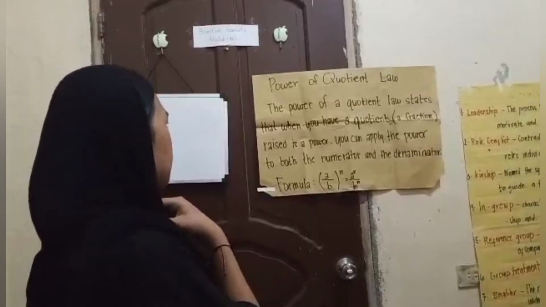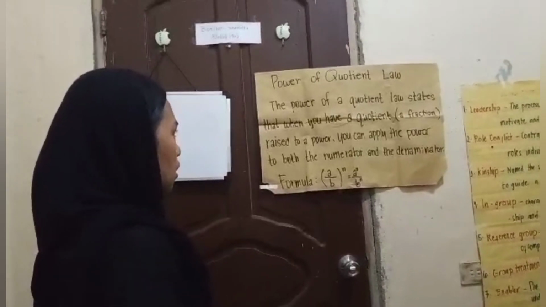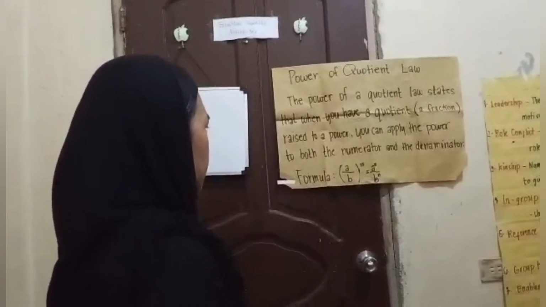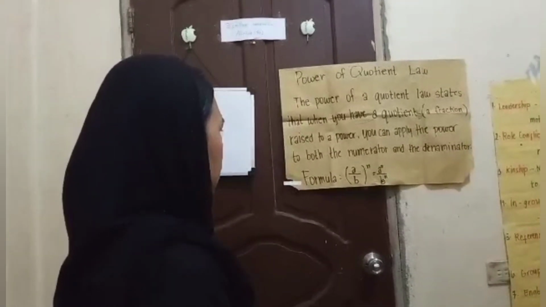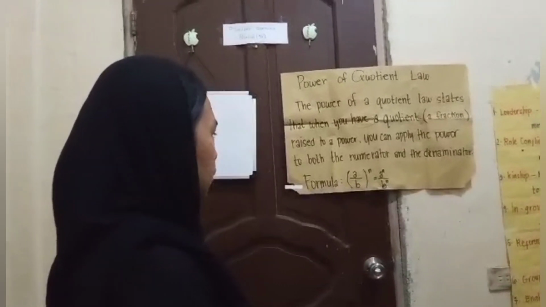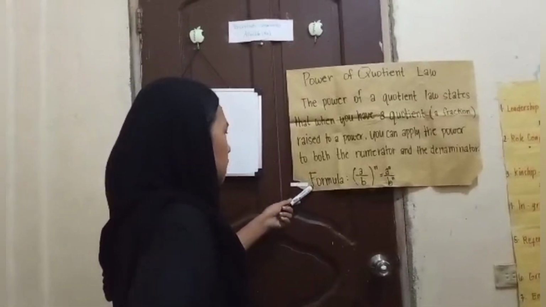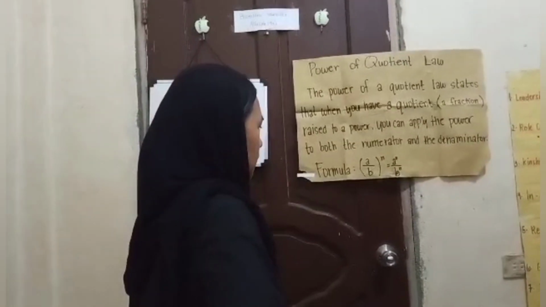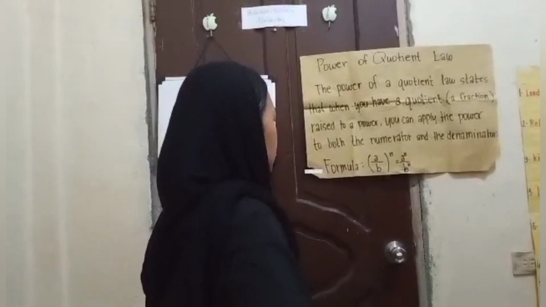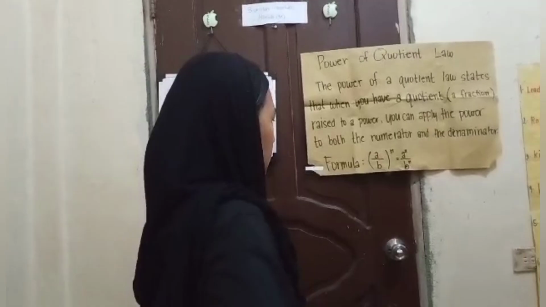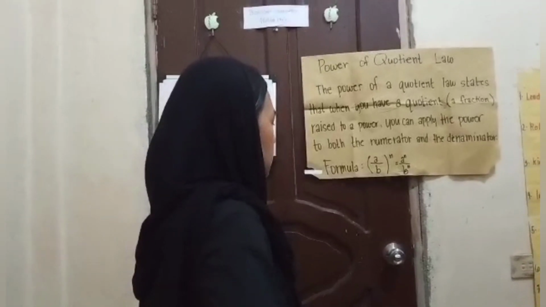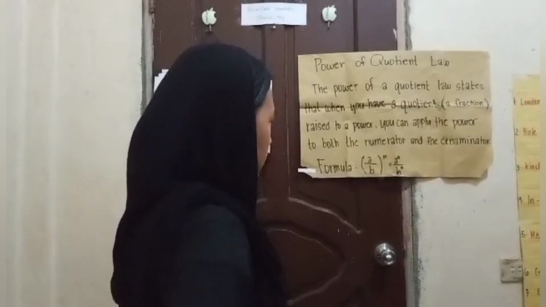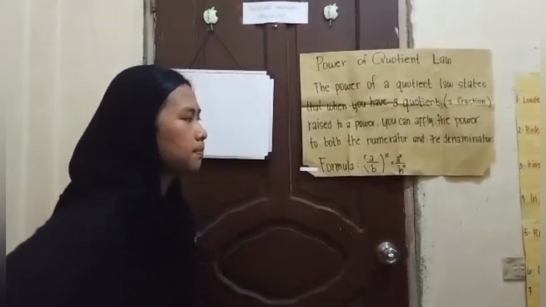Next is the power of a quotient law. The power of a quotient law states that when you have a quotient, a fraction raised to a power, you can apply the power to both the numerator and denominator. So, this is the formula. Parenthesis A over B, parenthesis to the power of n is equal to A raised to the power of n over B raised to the power of n.